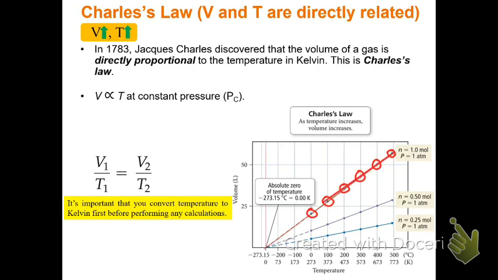He was able to extrapolate that line all the way to the x-axis, and that's when he determined that this is the coldest temperature possible, which is absolute zero Kelvin. The reason is that there's no way you can get negative volume at colder temperatures. So that's basically the limit, 0 Kelvin, the coldest temperature possible.